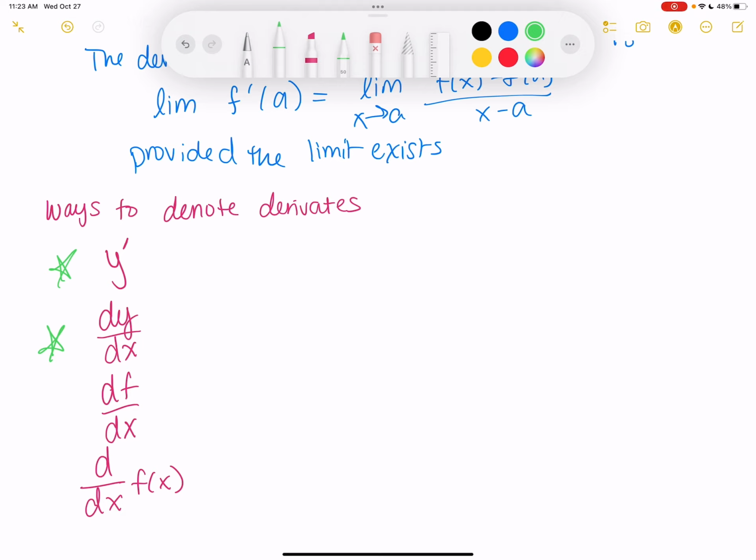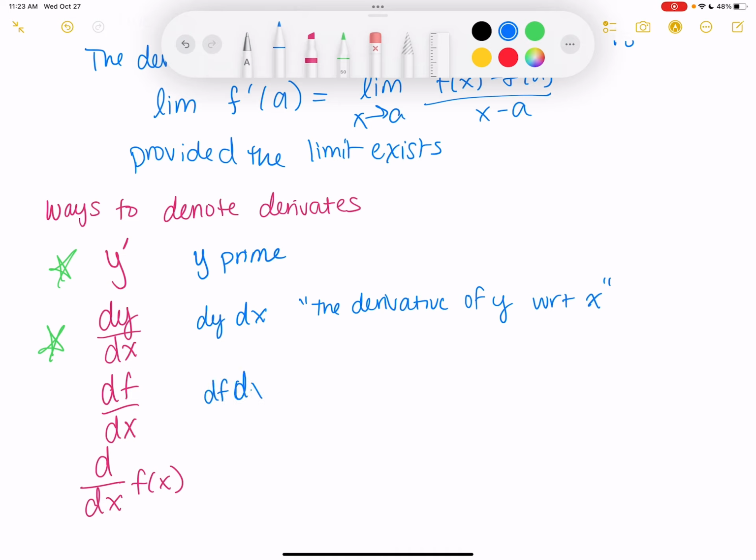So I'll write here just kind of how it's said. This one is y prime. This one is dy dx, or the derivative of y with respect to x. Df dx, or the derivative of f with respect to x.